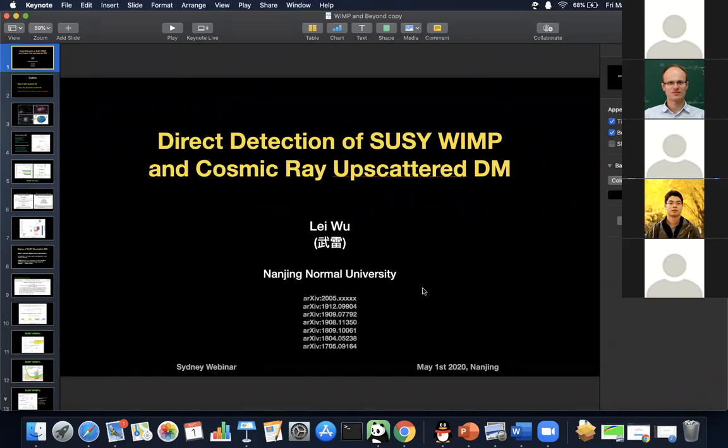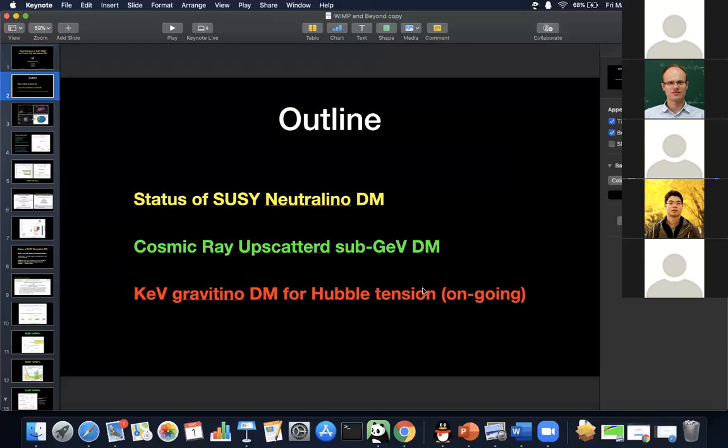In the end, if I have time, I may introduce our recent work about the keV gravitational dark matter for the Hubble tension. This project is still ongoing, and I only have some very preliminary results to show. Okay, let's start my talk.